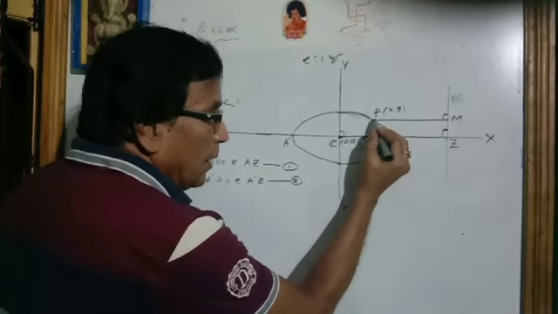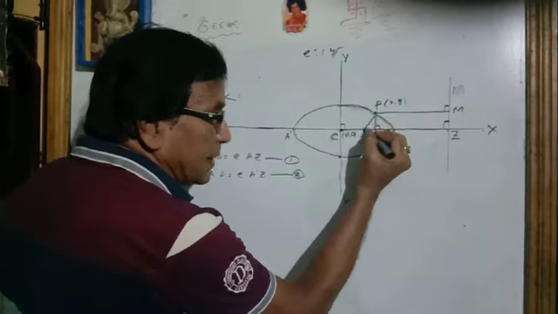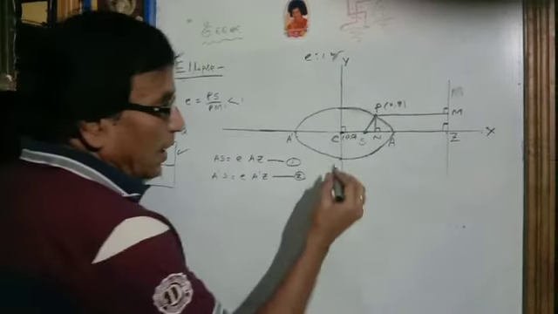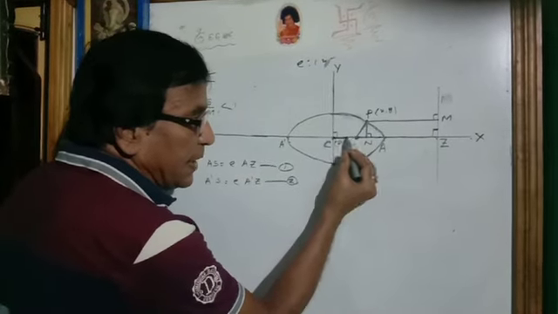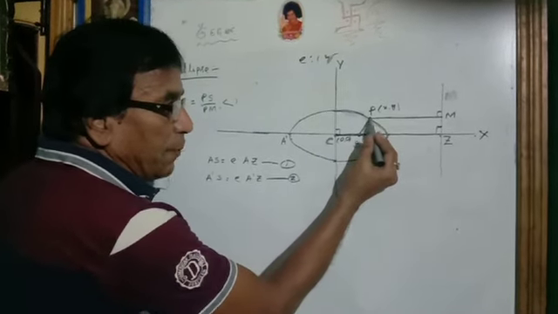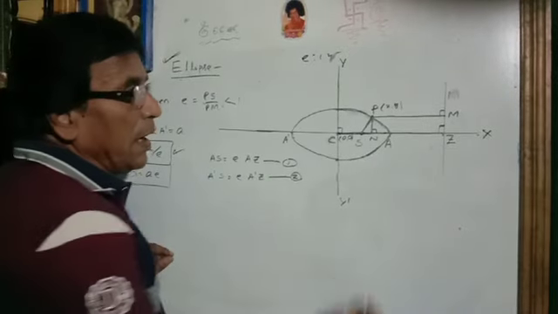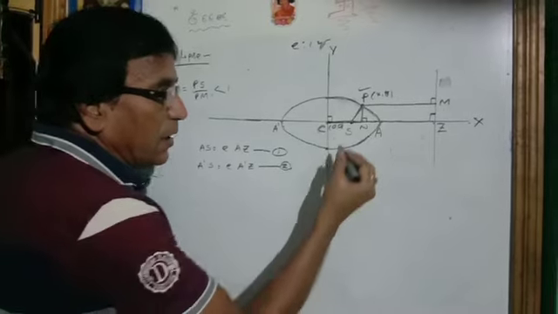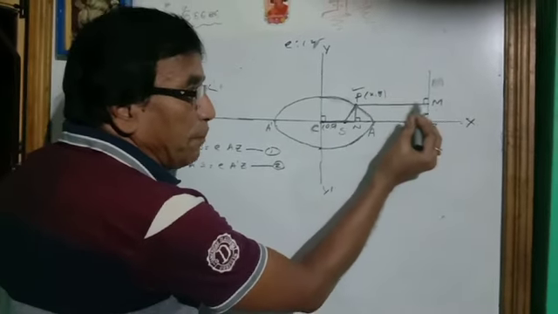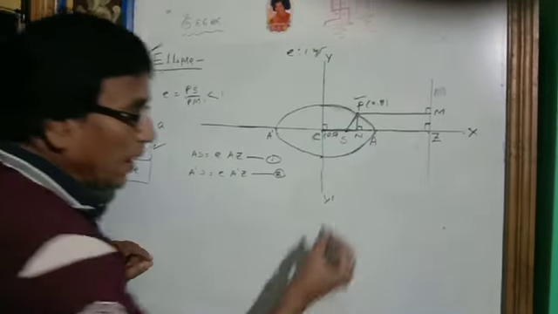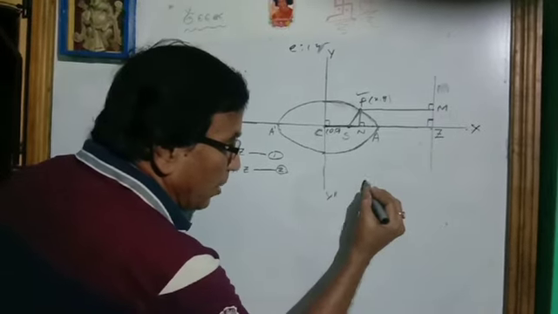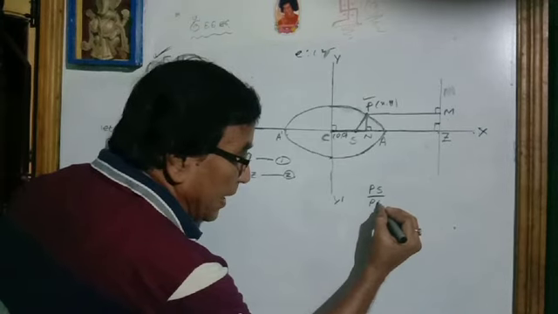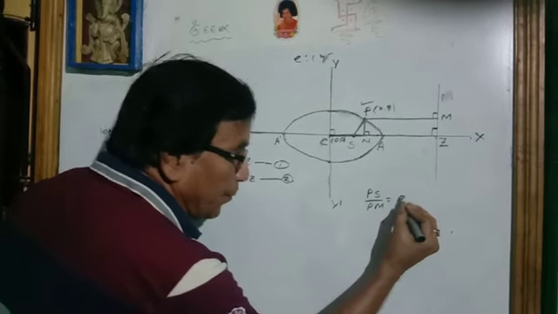Now we will join PS. Since C is the origin, CN distance is equal to x and PN distance is equal to y. The point P on the ellipse is moving under the geometrical condition that PS by PM is equal to E.